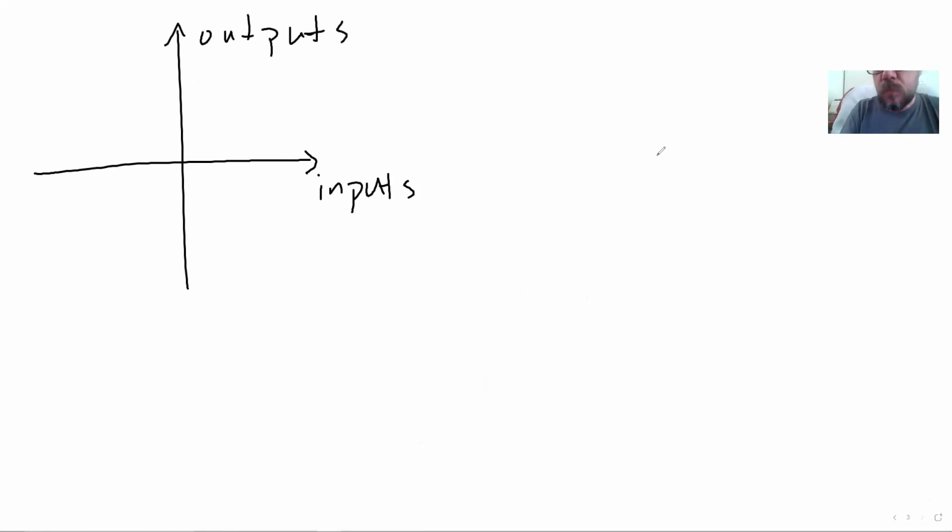So let's say this input right here gives that output, right? Now, what I can't have is that same input giving me a different output. I can have that particular input giving me that output every time, but it can't change.